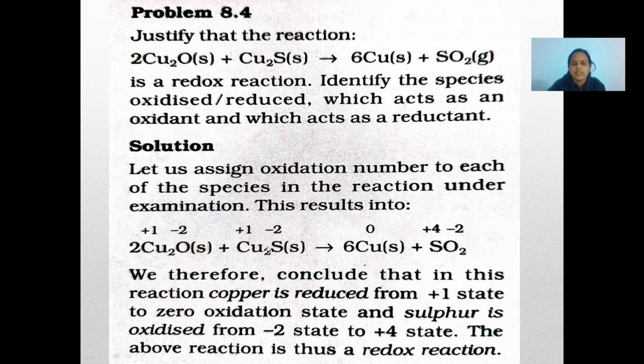And sulphur in Cu2S is present in -2 state, and it goes to +4 state, that is sulfur dioxide, +4 state. So it is an increase in oxidation number, so it's a case of oxidation. So here copper is undergoing reduction and sulfur is undergoing oxidation, and so this reaction is a case of redox reaction.